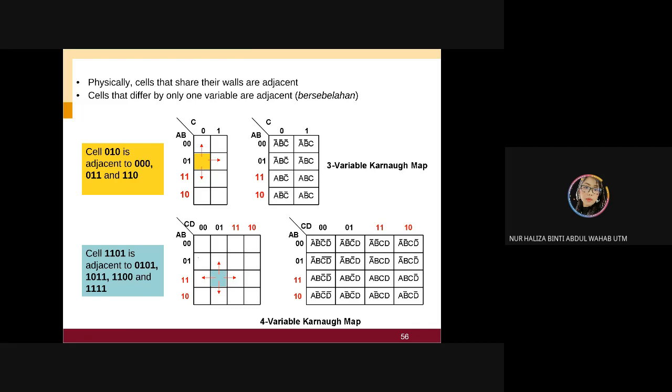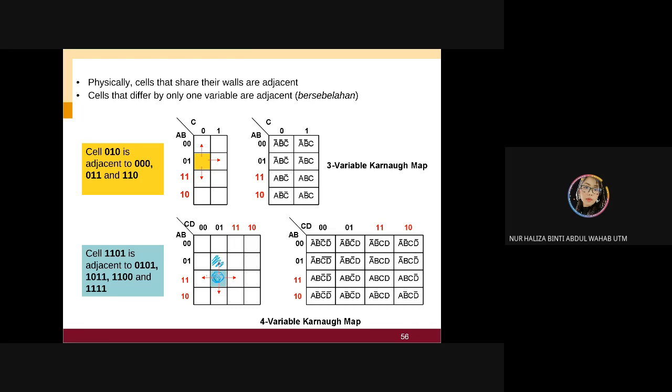What is the adjacent for this cell? This cell, the adjacent will be this, this, and here. Because dia bersebelahan, okay? It's going to be adjacent here. For this, it asks you to check what is adjacent for this cell, right?